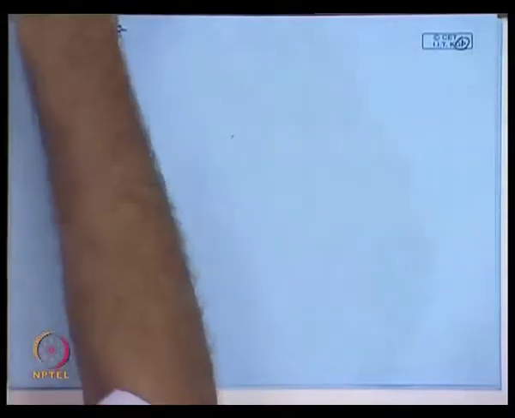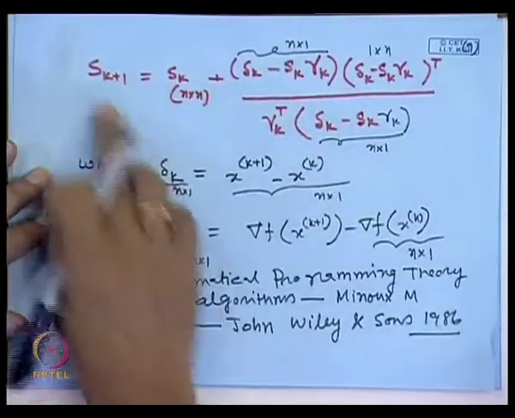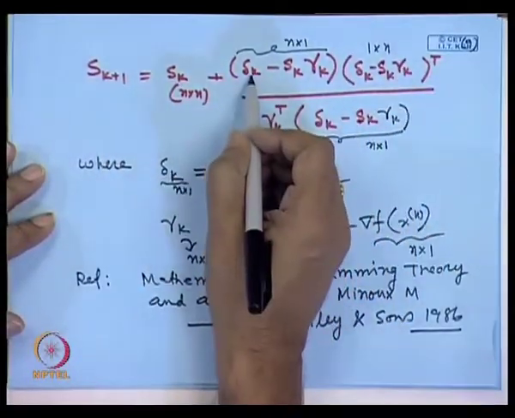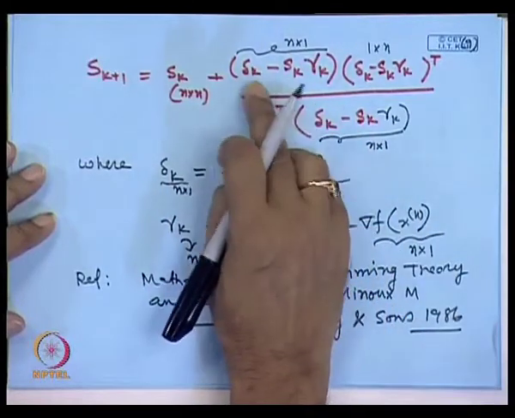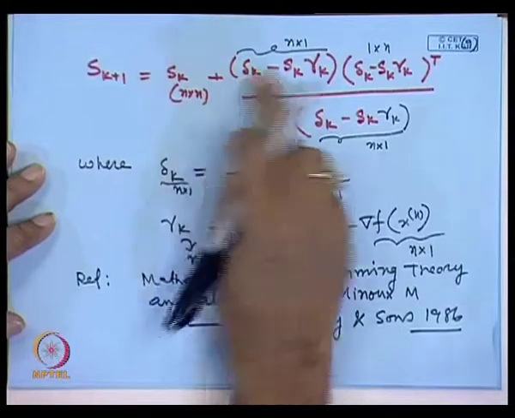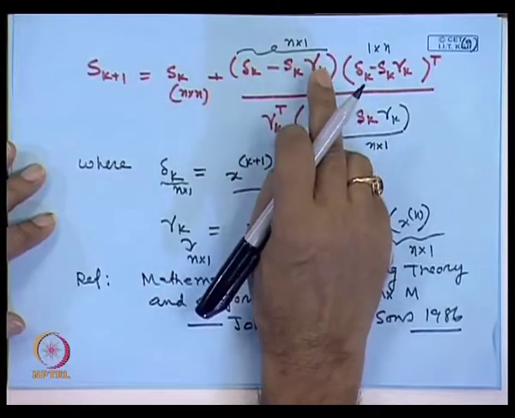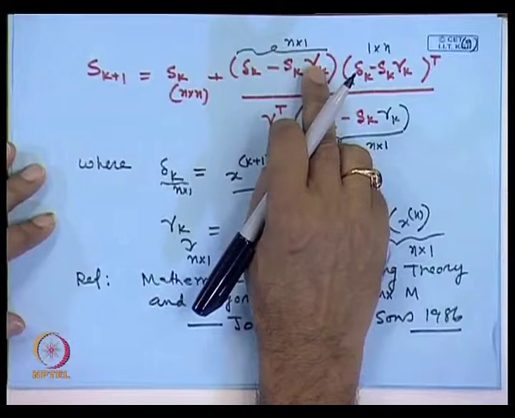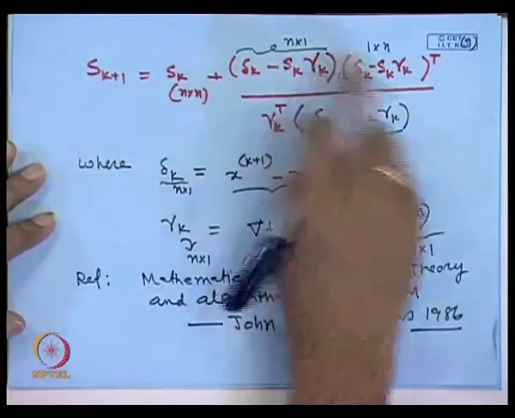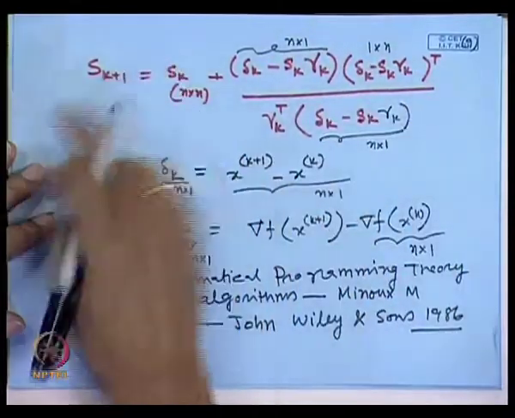We have seen this updated expression: x k plus 1 is updated from x k, where delta k is the difference of x values at two successive iterations, and gamma k is the difference of the gradients of the objective function at two successive iterations. This way you have to update.